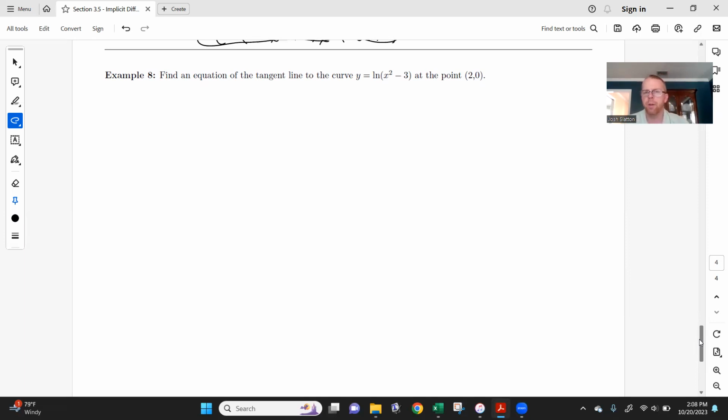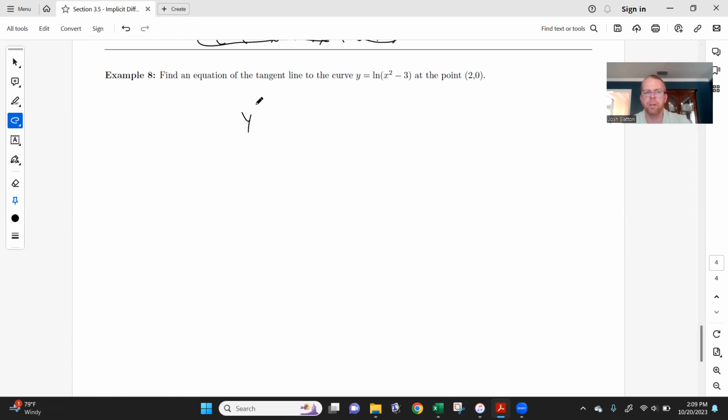So we need to find the slope and the y-intercept. Pretty much with the second test, any problem that you have, you're going to take the derivative. If you're not taking the derivative, you better be pretty sure that you don't need to, because almost all the problems you'll be doing that. So the derivative is going to be the slope.